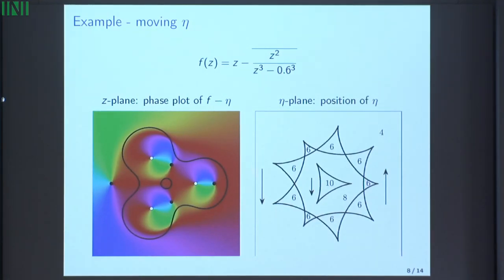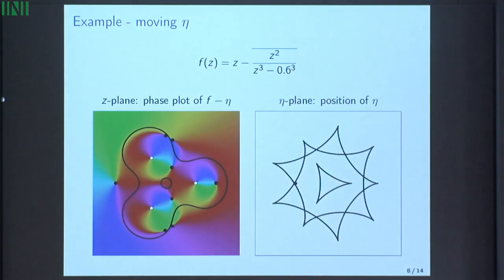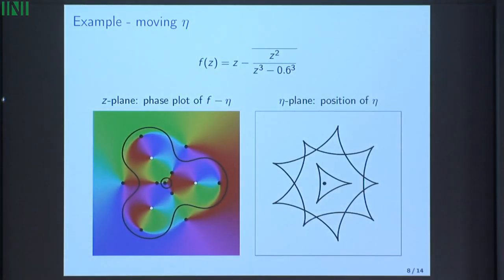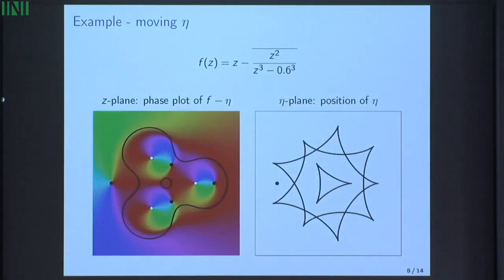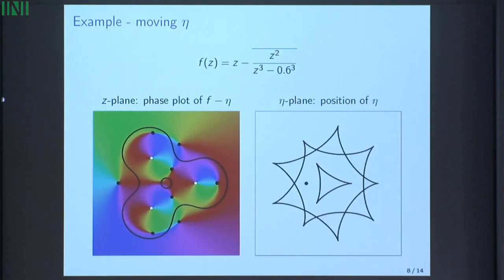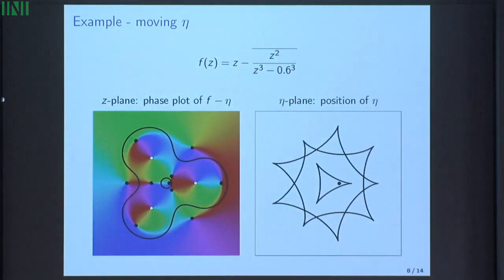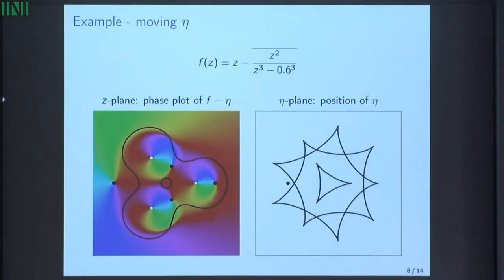On the right, in the eta plane, we see the caustics, and again the numbers indicate how many solutions I will have. Now I can move my eta through the eta plane, and it has, of course, a dramatic effect on the solutions. The solutions change, and also, of course, the location. And the pole stays the same, of course, since it's just an additive constant.